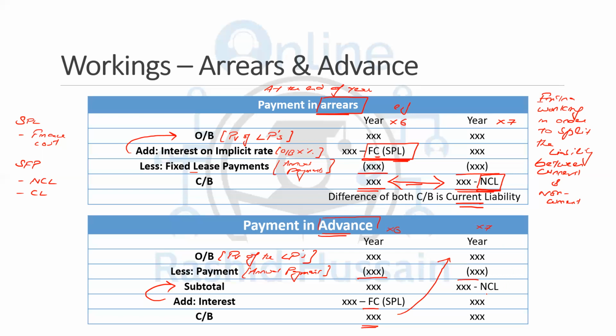The subtotal represents your non-current liability, and the difference between these two balances represents the current liability. And this is the finance cost. So the subtotal of the next year is the non-current liability. The difference between the closing balance of the year and the subtotal is the current liability. And then you have the finance cost.